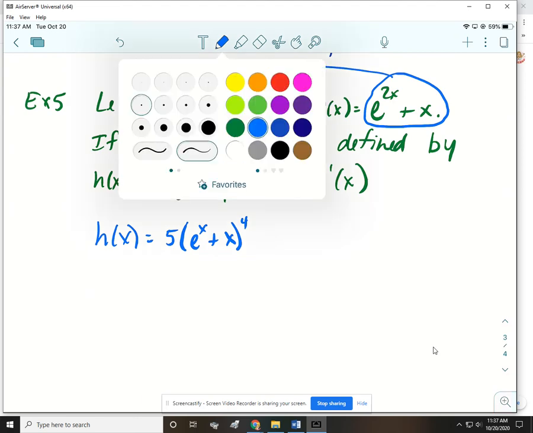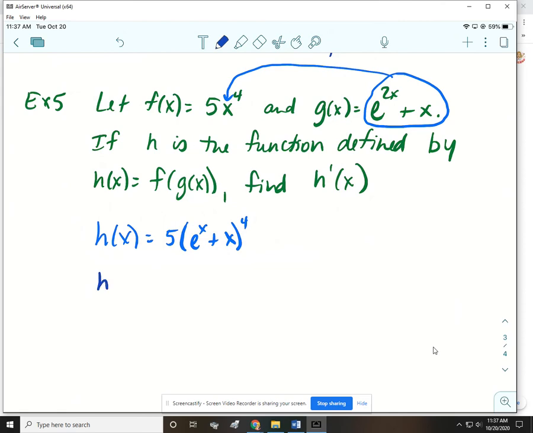Okay, so now I want to find the derivative of h. So I'm going to use the chain rule. So this starts out as something raised to the 4th power. So that means we're going to use the power rule.